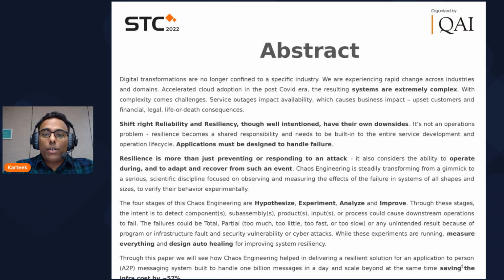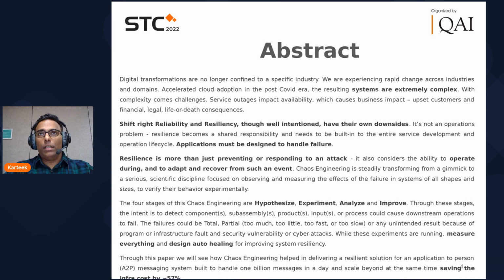In this presentation, we would like to see how post COVID, most of the digital transformations are happening and people are preferring to move to cloud. Complex systems are being designed not only for a simple cloud, but we have seen examples of certain customers going to multi cloud or even hybrid scenarios.